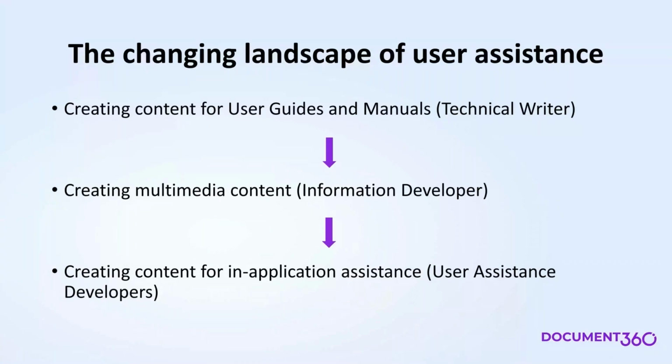Right now we are in an era where it's not just about writing or creating multimedia content, but also about helping the users within the application while they are trying to achieve a task, which is writing user assistance content within the application. That is the reason why we now more emphasize calling ourselves user assistance developers, where we are creating user assistance artifacts and not just content, right? And of course, right now there are other names, like information architects and content strategists, but the point is we keep on evolving.